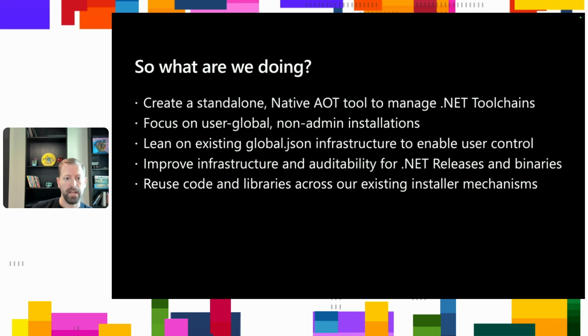So we want to make this tool and make it fast, make it lightweight, use native AOT to make it execute as quickly as possible and get out of your way. We want it to leverage the existing mechanisms that users use to describe what SDKs and tools you want. Today, that's global.json.